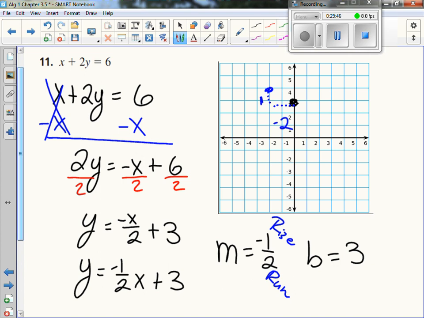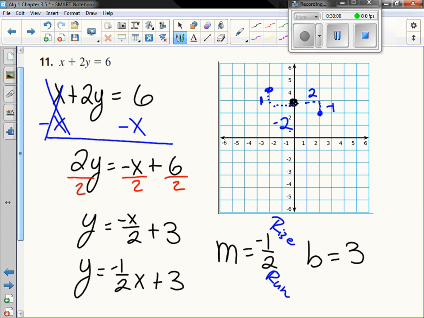Now I could also go to the right 2 and then down 1, because to the right would be positive and down 1 would be negative, yes? So I'd have a positive and a negative, which would make a negative. It would give us our negative slope.